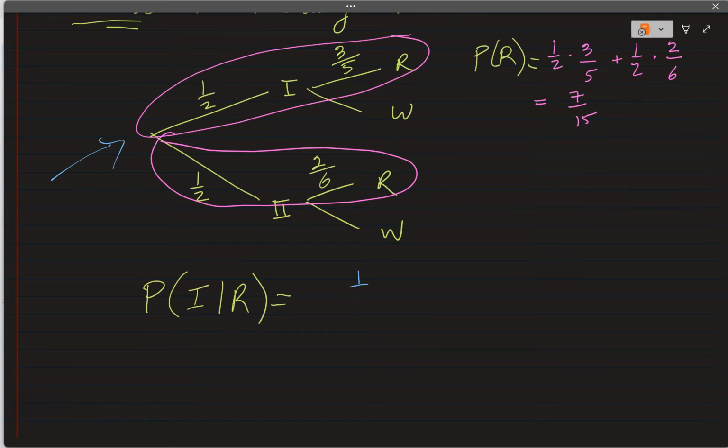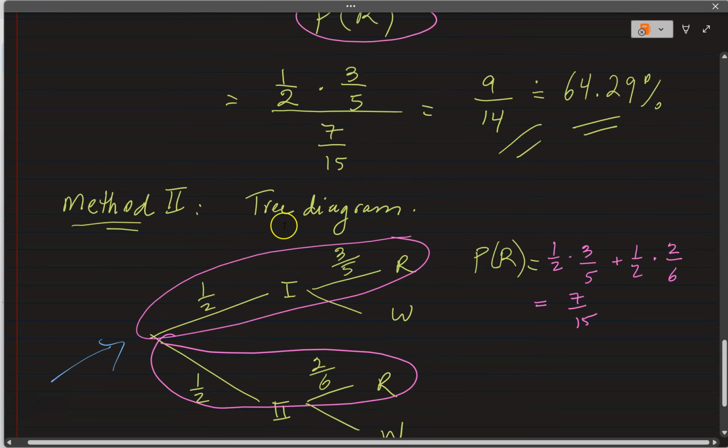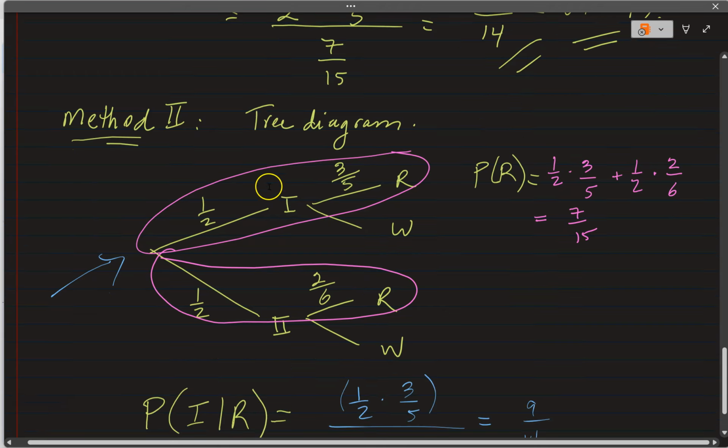So 1/2 times 3/5, divided by the total probability of being red, which is 7/15. You do the math on that one, you'll get 9/14, same as before, which is right here, and that would be the answer to this question.